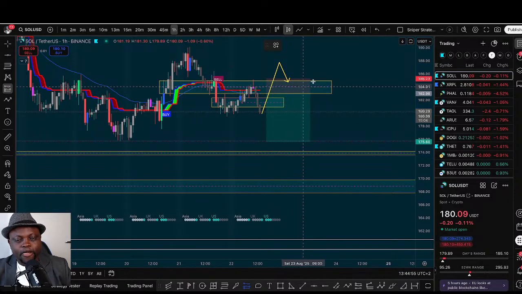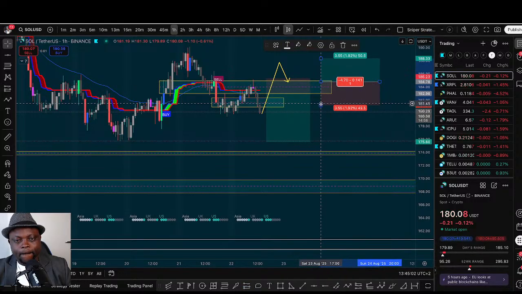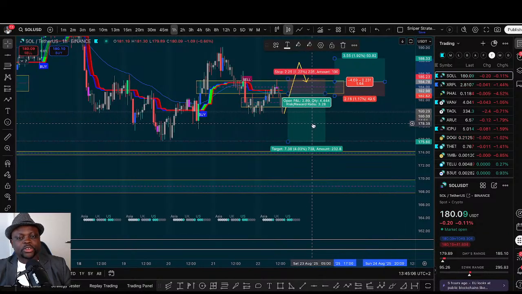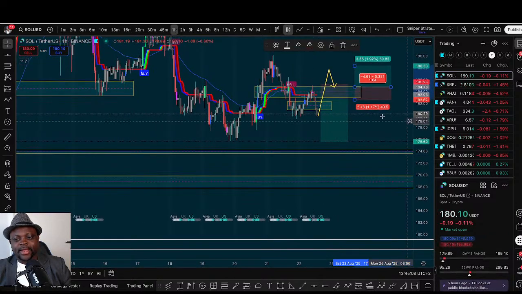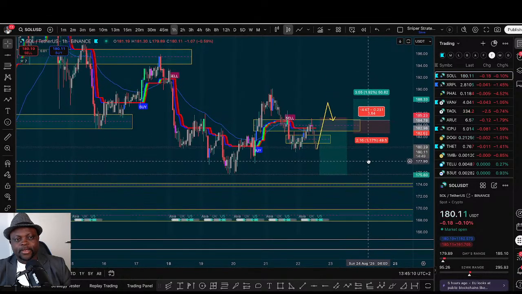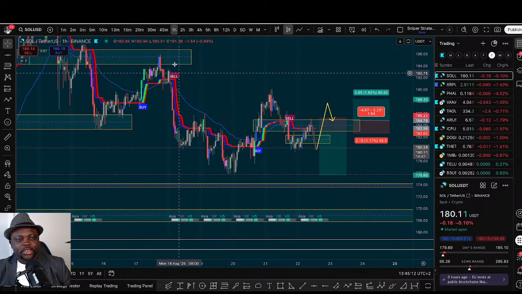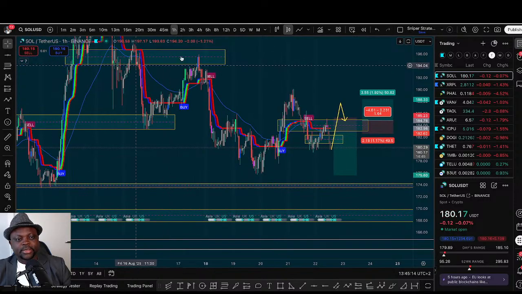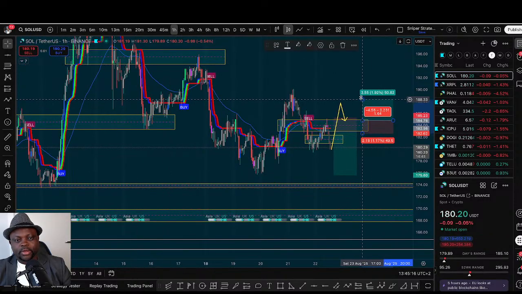Long, just below there, and you target this high there, this zone.